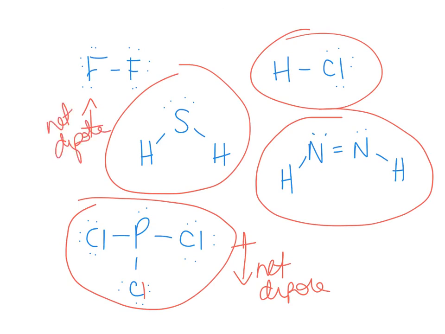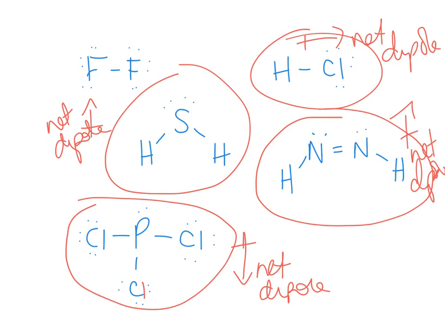HCl, which direction will the net dipole go? Left or right? Net dipole. How about the one at the right? N2H2. Which direction will the net dipole go? Up or down? Up. Net dipole.